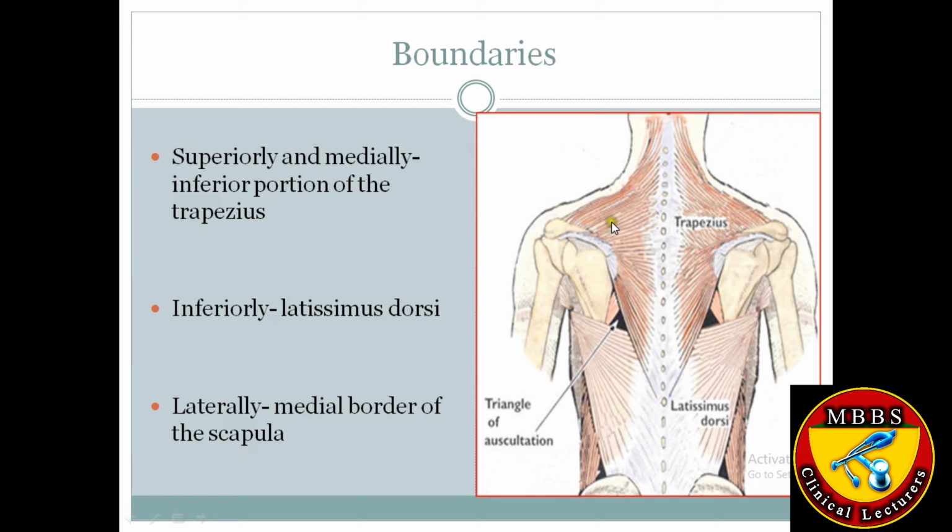This is the trapezius muscle. The inferior portion of the trapezius muscle forms the superior and medial border of the triangle of auscultation, whereas the inferior border is formed by the latissimus dorsi muscle and the lateral border is formed by the medial border of the scapula.